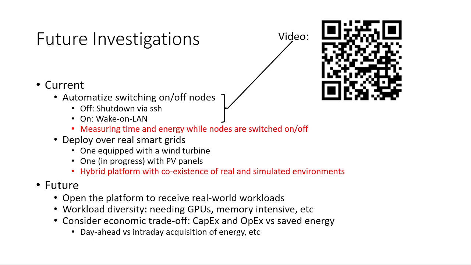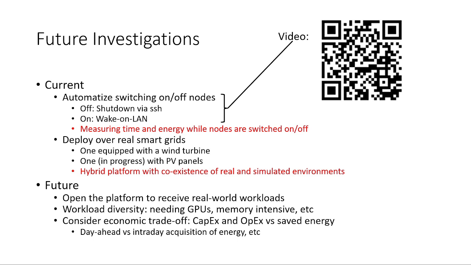So we will switch off the nodes using SSH and switch them back on using wake-on-LAN by putting a Pi Zero in the local area networks of the Jetson Nano, Jetson Orins, etc. And we are also measuring the time and energy that is needed during the switching on and off procedures. We have a video here at this QR code of us switching on and off the nodes.